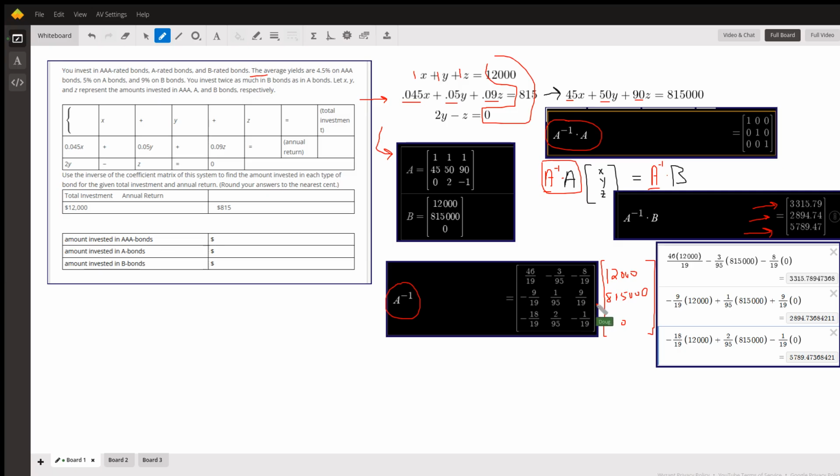Matrix A inverse times B would take 46/19 times 12,000 plus negative 3/95 times 815,000 plus negative 8/19 times this 0. And you do the same thing for the second row times this column. So that works. By the way, these pictures are from a Desmos matrix calculator, which we'll talk about in a second.